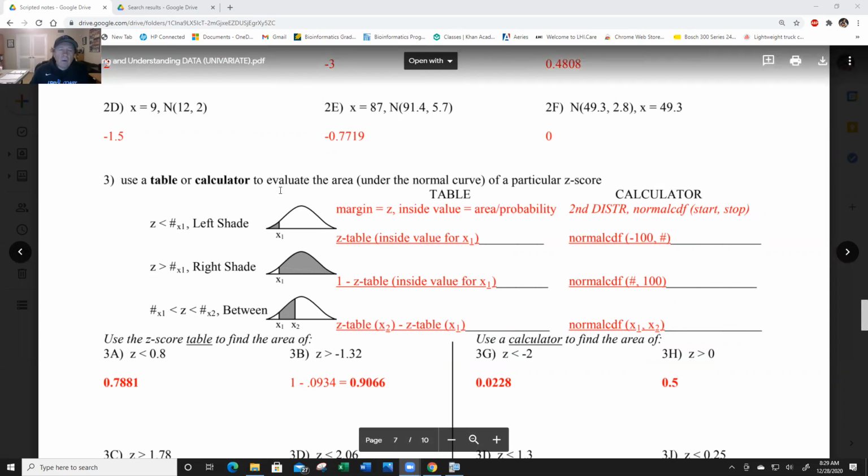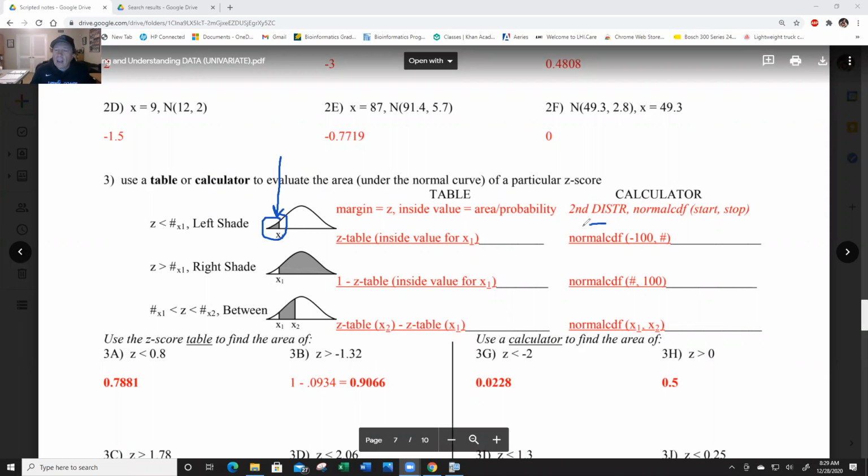Scenario 1 is that you're going to shade to the left. This question would ask for the area below a certain point, to the left of a certain point. When you want to go to the left of a certain point, you're going to use the z-table and just look right at that number. I'm going to be demonstrating that.